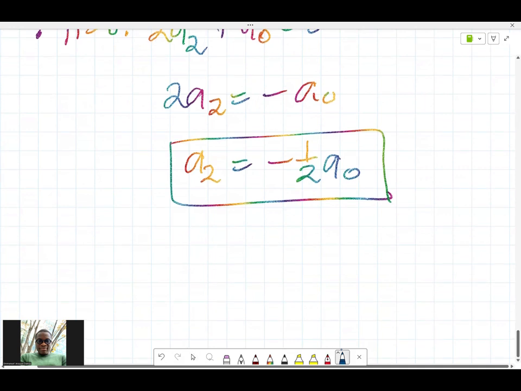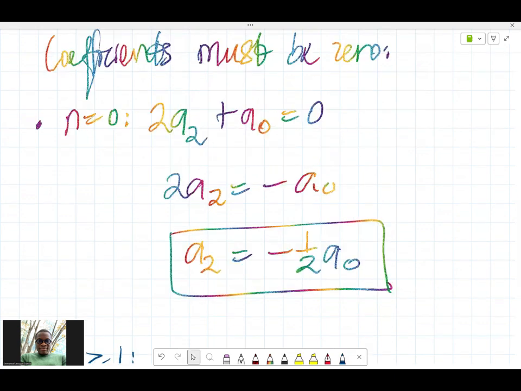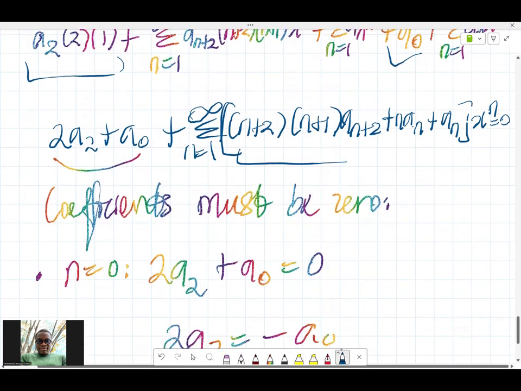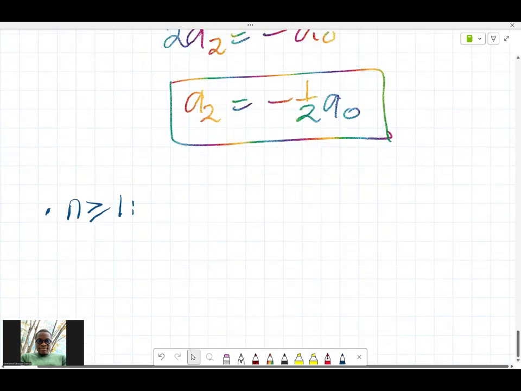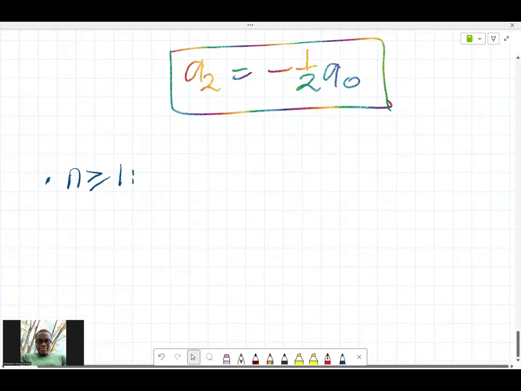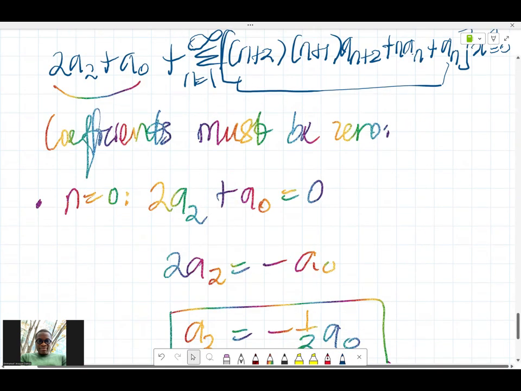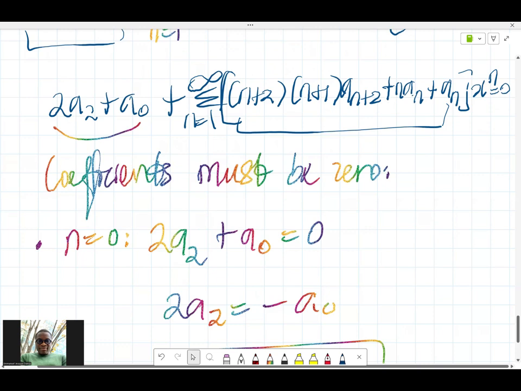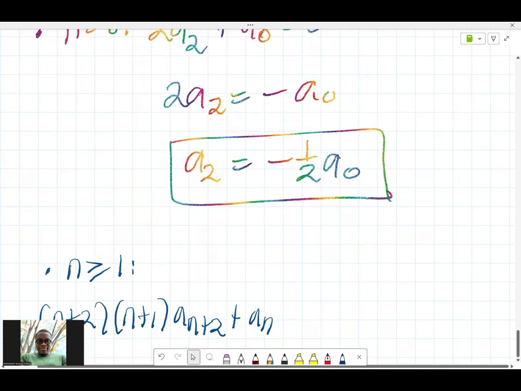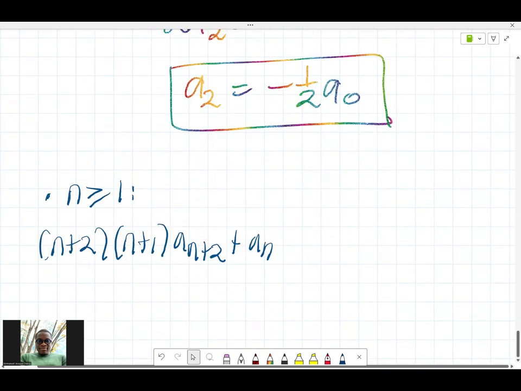Then we can do the rest too. For n greater than or equal to 1, everything here should be equal to 0. So we have n plus 2 into n plus 1, a_{n+2}, plus n a_n plus a_n. Interestingly, a_n is common, so we have a_n into n plus 1 all together.